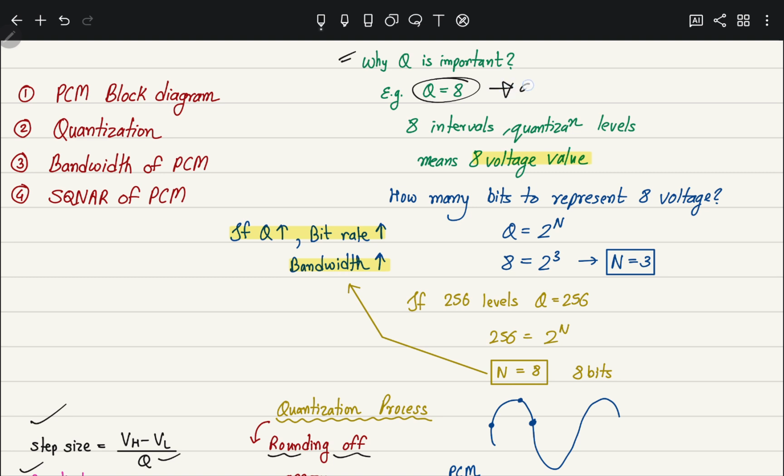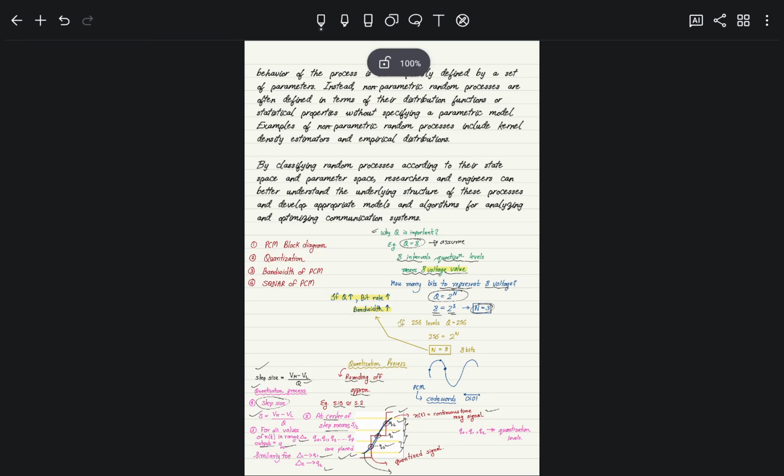Just assume Q equals 8, meaning 8 intervals, 8 quantization levels, meaning 8 voltage values. How many bits are needed to represent 8 voltages? There's the formula Q equals 2^n, where we put in the value, and we need 3 bits to represent 8 voltages.